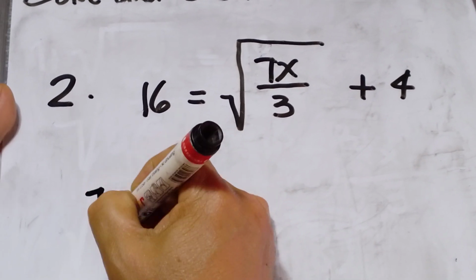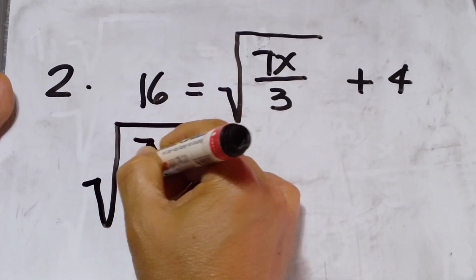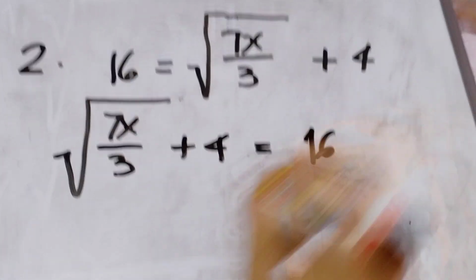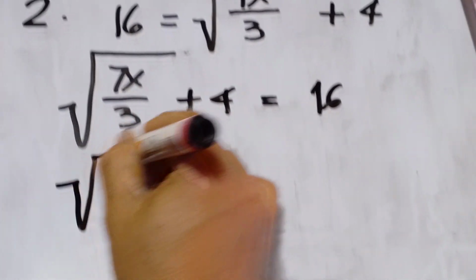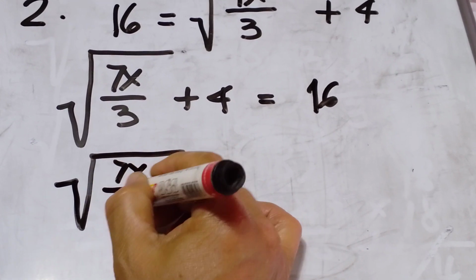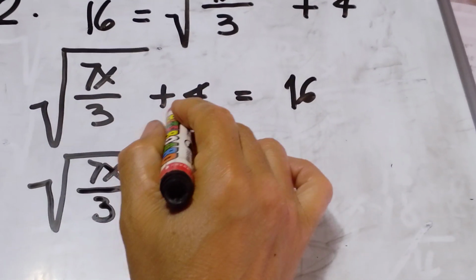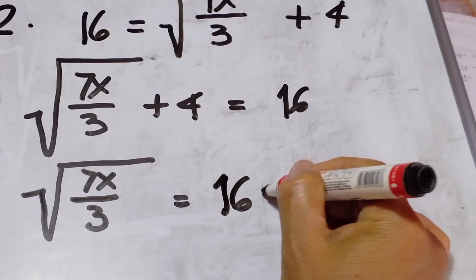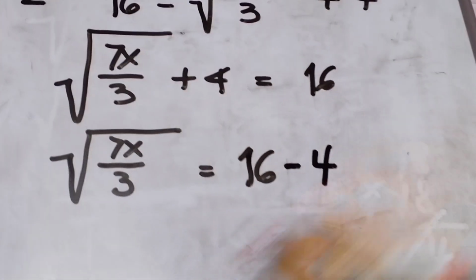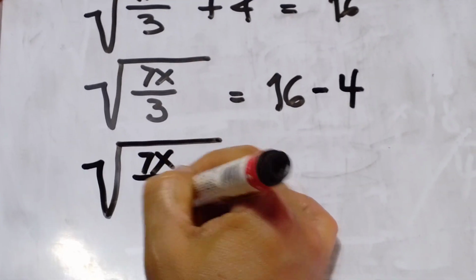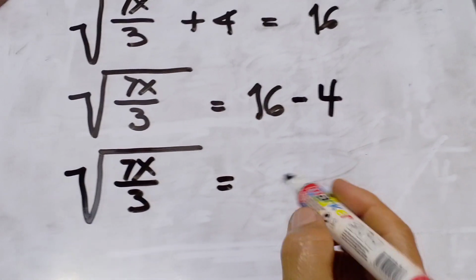So this will be square root of 7x over 3 plus 4 equals 16. And then I have to copy this one. Square root of 7x over 3 is equal to 16. Then I have to transpose positive 4 to the right, and this will become negative 4. So square root of 7x over 3 is equal to 16 minus 4, which is 12.